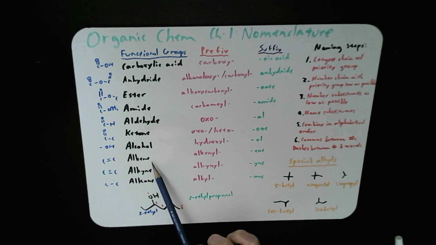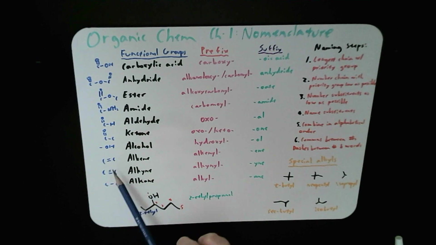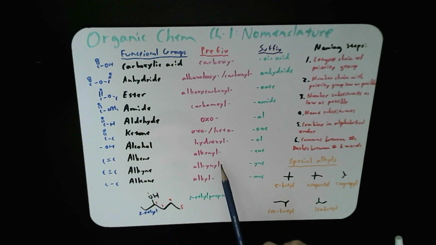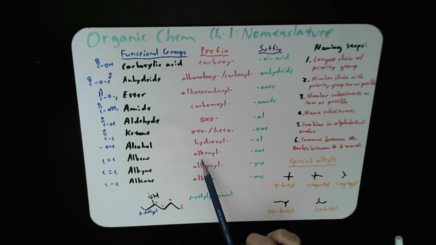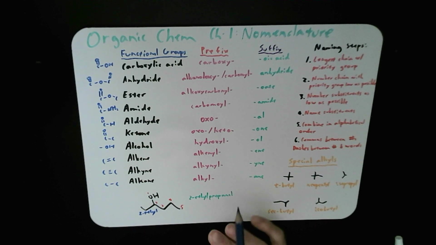Next, we have alkene. Alkene is double bonded C to each other, and the prefix is alkenyl. So, depending on the type of alkene it is, whether it is propene, ethene, methane, all the different kinds of chains it is.